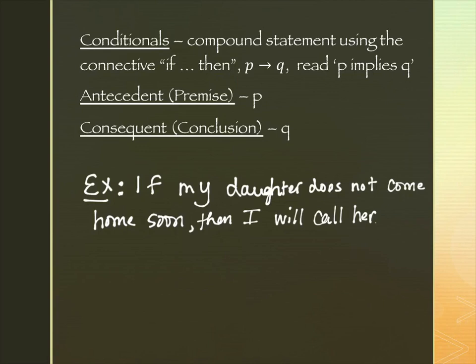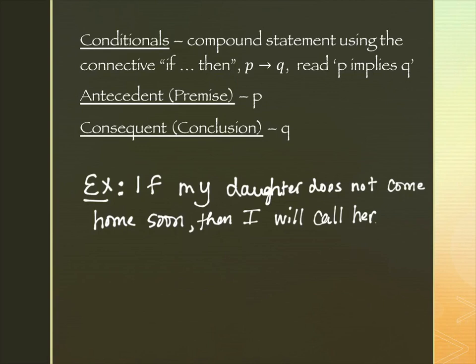So just like we did with the sections last time, we're going to be turning them into symbols back and forth. The problem for us is that if-then statements are often stated in different ways that don't look like if this, then this. But they're still conditionals.